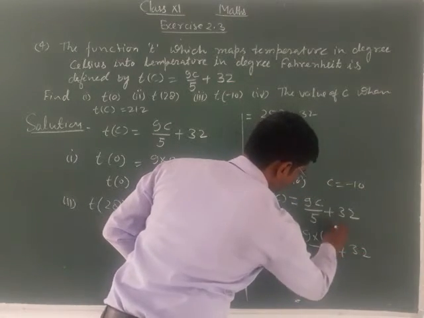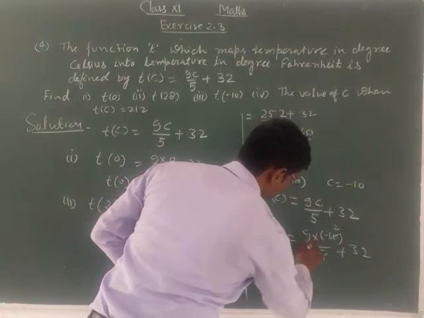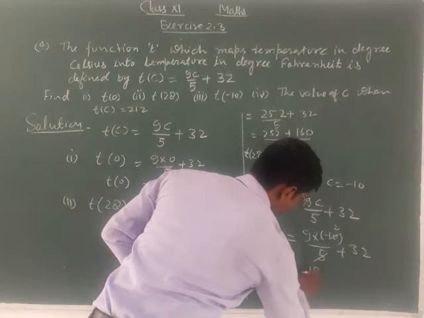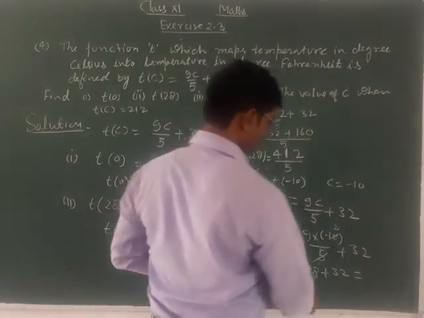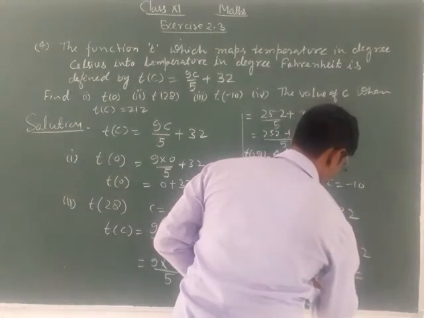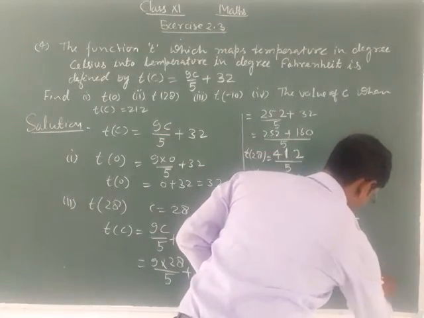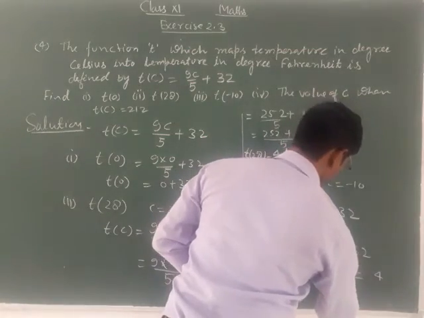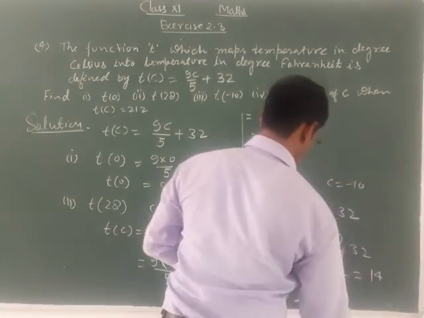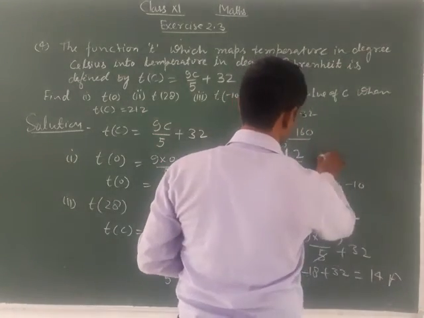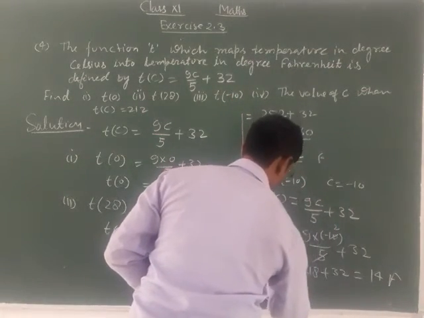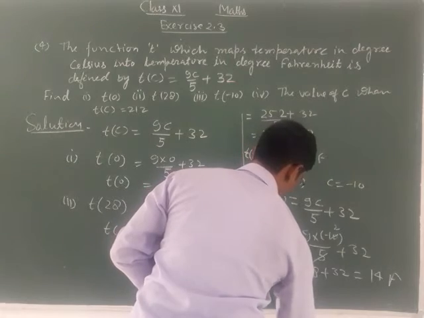So 5 twos are 10, 9 twos are 18, minus 18 plus 32 is equal to 14 degrees Fahrenheit. So this is T(-10).